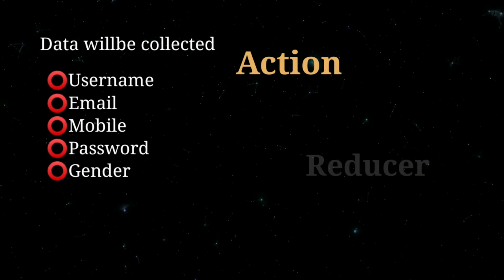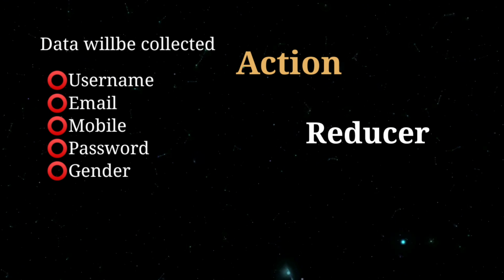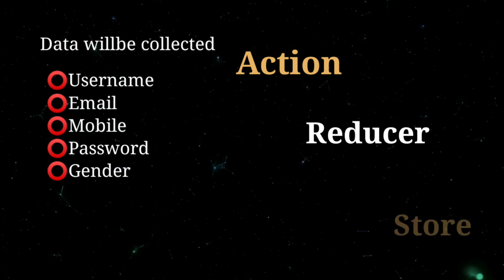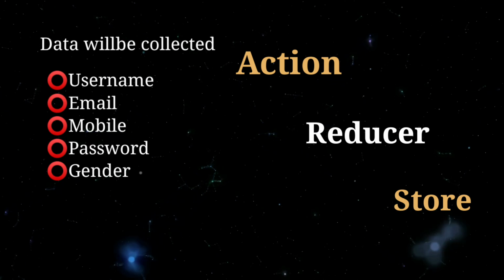Then that data goes from action to reducer, and the reducer passes that data to the store. That data is the state of an application. It contains the data of my application. Store is the centralized place in Redux, and inside the store the state of our application is stored. In Redux, state is very important.